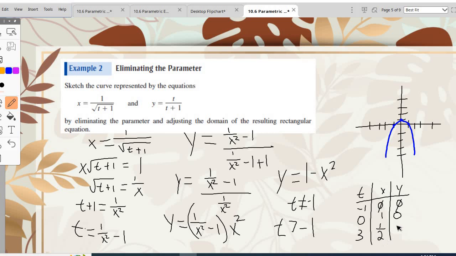Okay. Alright. So our first point was at 1, 0, right? Which is here. And then which way did we go? Is 1 half to the right or to the left of 1?